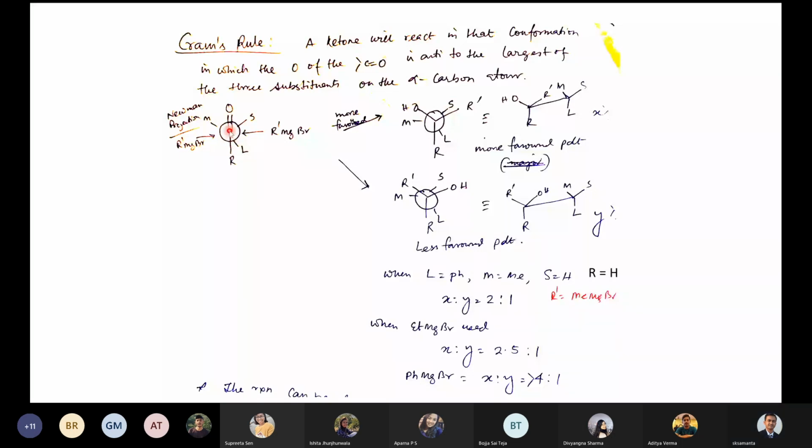I mean, it could also meet, but generally we do not show. So this is the carbonyl carbon. This could be an aldehyde, so this R will be H. If this is a ketone, this will be CH3 or any other alkyl group. And then you have 3 different groups: a small group, a medium group, and a large group.